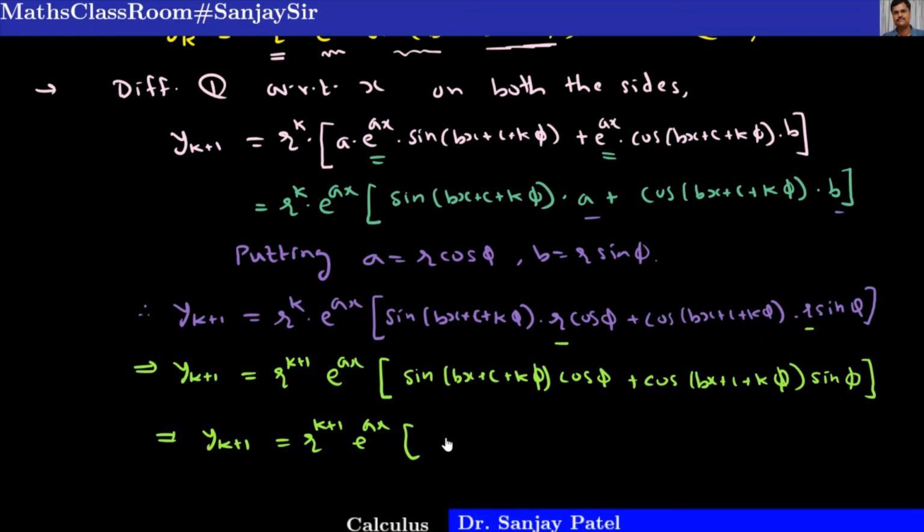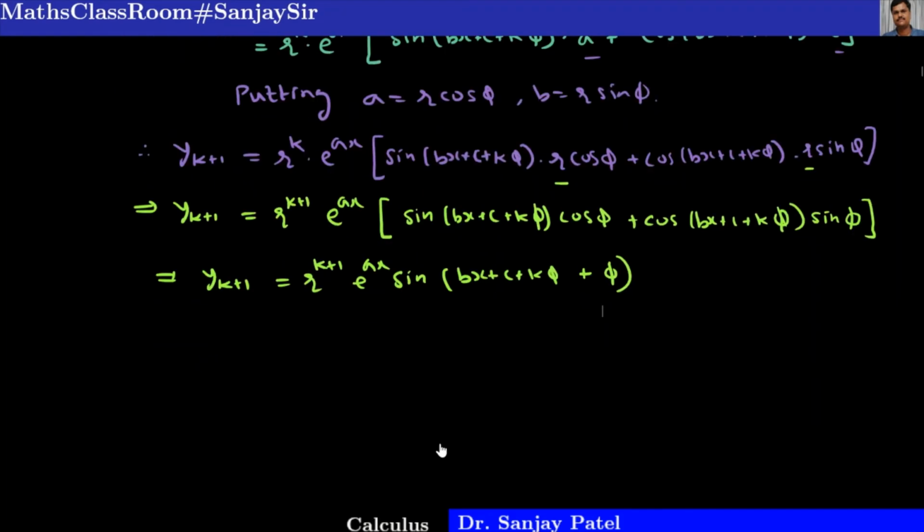Okay, so that gives me y(k plus 1) in the required form as e raised to ax into sine of alpha, that is bx plus c plus k phi, plus beta, which is phi. So this gives us k plus 1 times phi in this bracket.